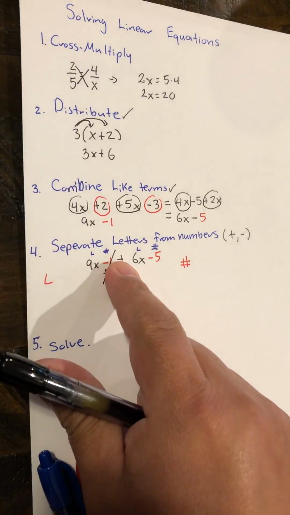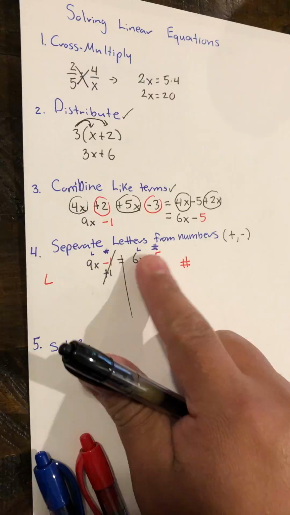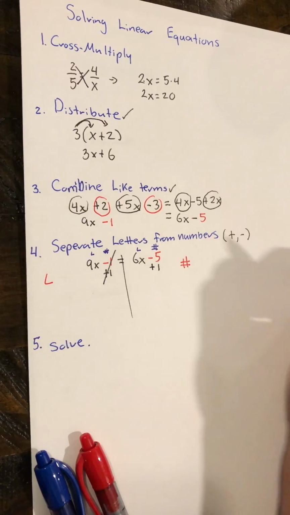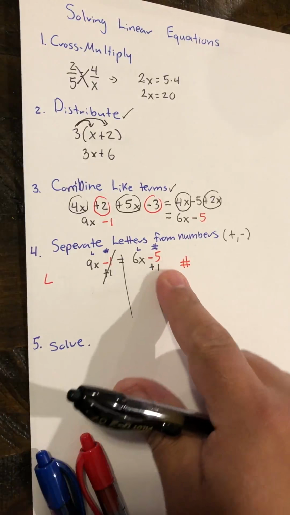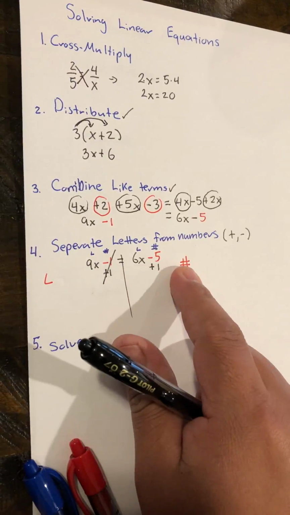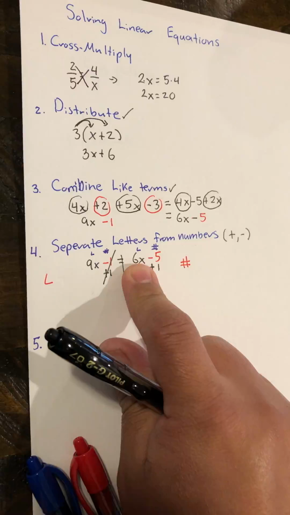Now, these used to be equal, but because we added 1 to this side, we have to add 1 to this side also. So I'm going to add that 1 to the -5. Before I add those together, I'll look over here and see what doesn't belong on this side. This is my number side. These are numbers, so they're okay. This guy shouldn't be here.